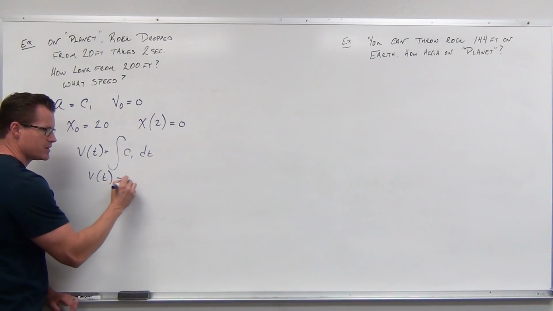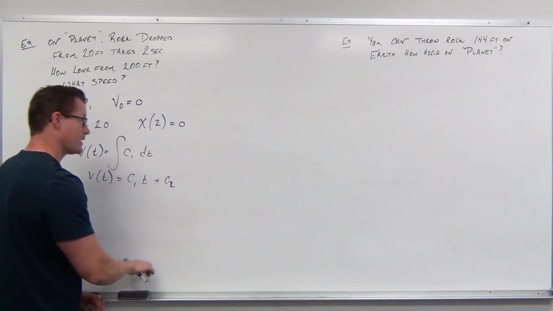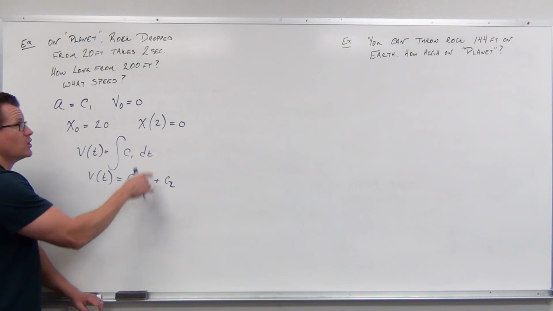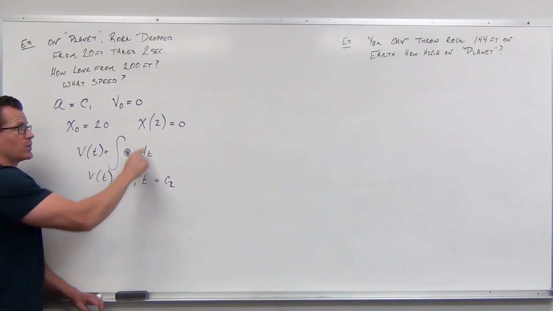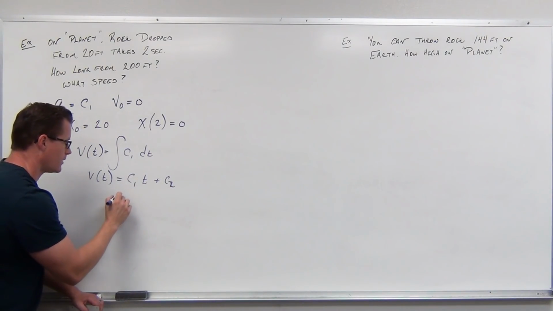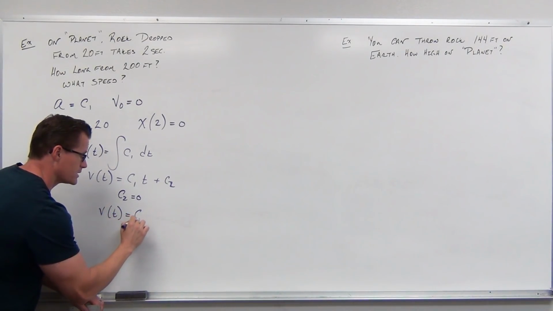Velocity, therefore, is just going to be C sub 1 t plus C sub 2. Now, we know our initial velocity is 0, so when time is 0, we have a velocity of 0. You should be able to see that C sub 2 is 0 right now. So our velocity function is simply C sub 1 t.